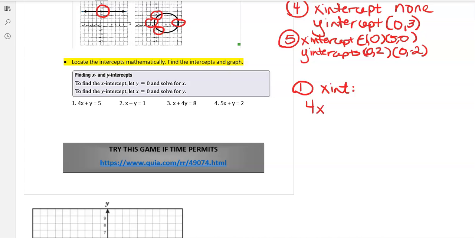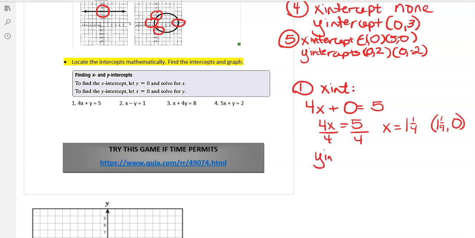So I write the equation, but in place of y, I put 0. And then I solve the equation, and we get that x is equal to 1 1/4. So our x-intercept is 1 1/4, 0.